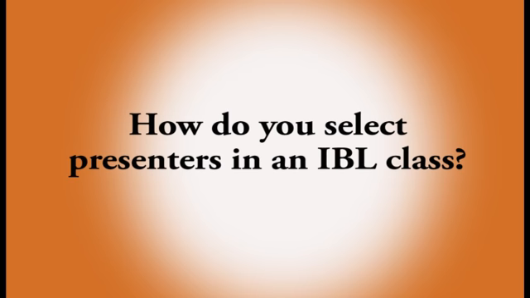What I want in an IBL class is to get all of the students participating and presenting, and so my goal is to have that as uniform as possible, and the way to do that is to select the student who's presented the least.